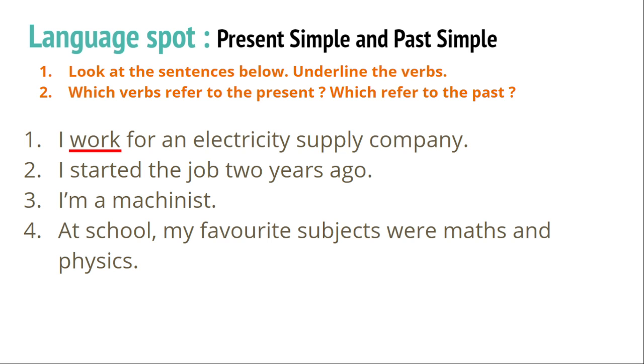I started the job 2 years ago. The verb is started. I'm a machinist. The verb is am. At school, my favorite subjects were maths and physics. The verb is were.